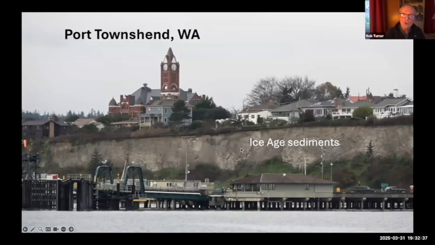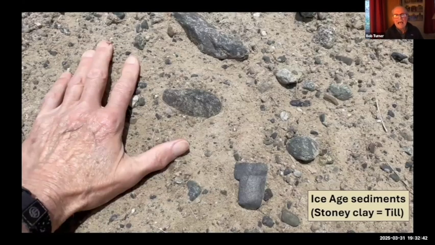And if you were to put your nose on that cliff wall, what you'd see would be a mix of pebbles, sand, and clay, all mixed together. And this is what geologists call a moraine or a till, which just means a mixture of stone and clay. Anyways, this is a classic glacier sediment.